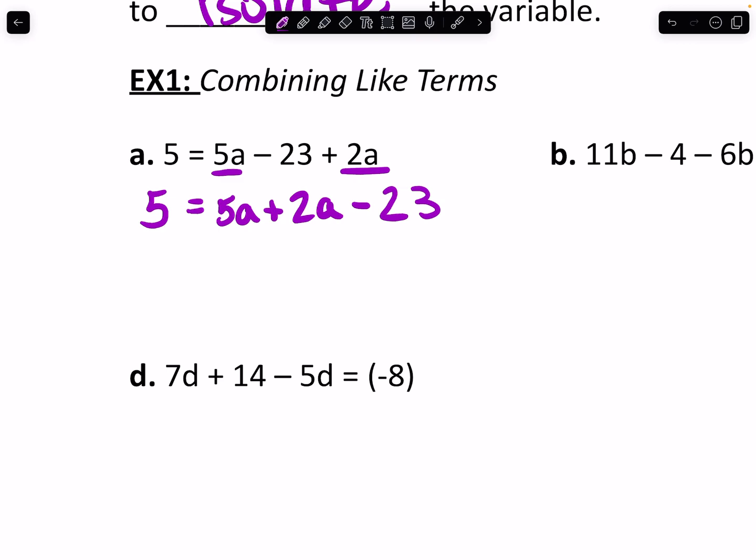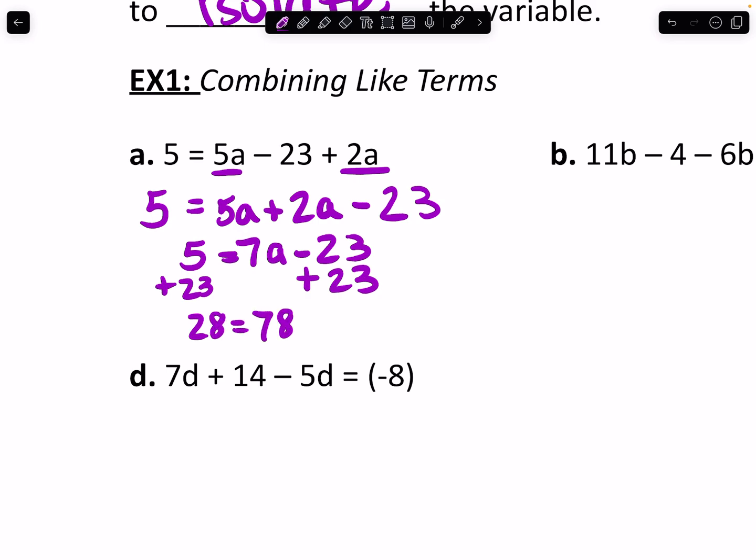Then you're going to combine your like terms. Since I have two terms that have an a in them, that makes 7a minus 23 equals 5. I'm then going to use my inverse operation and add 23 to both sides. You get 28 equals 7a.